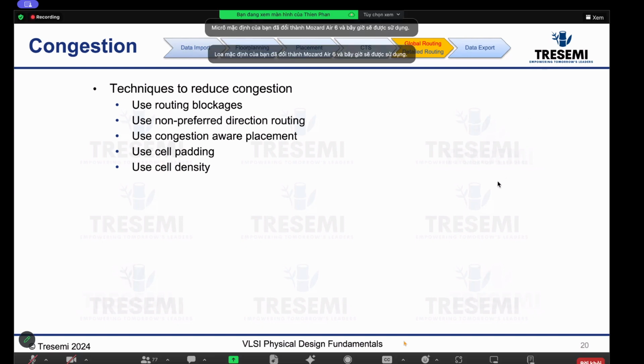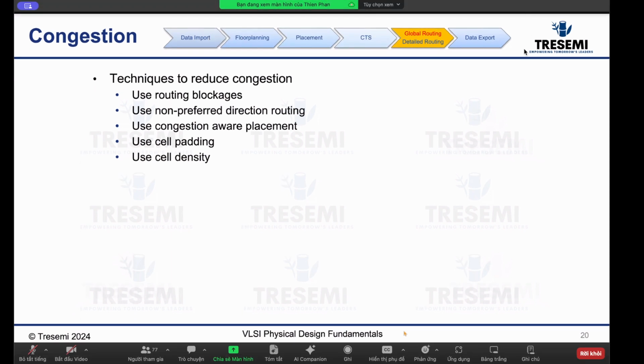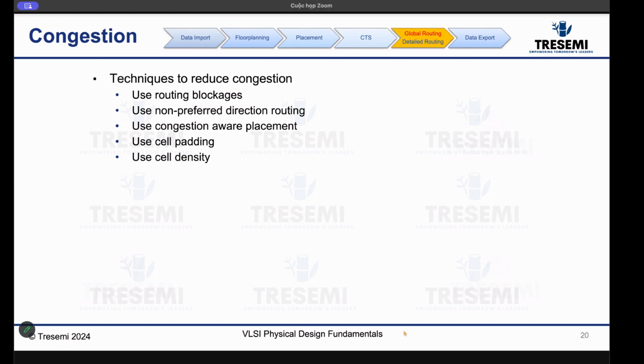Ideally, you want the cells to group together by function, right? So if you have a certain memory over that corner, whatever logic talks to that memory should get pulled close to it, right?